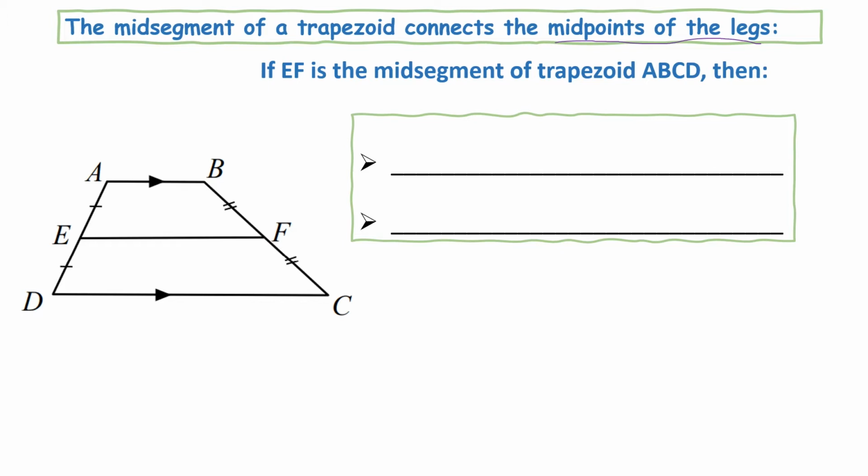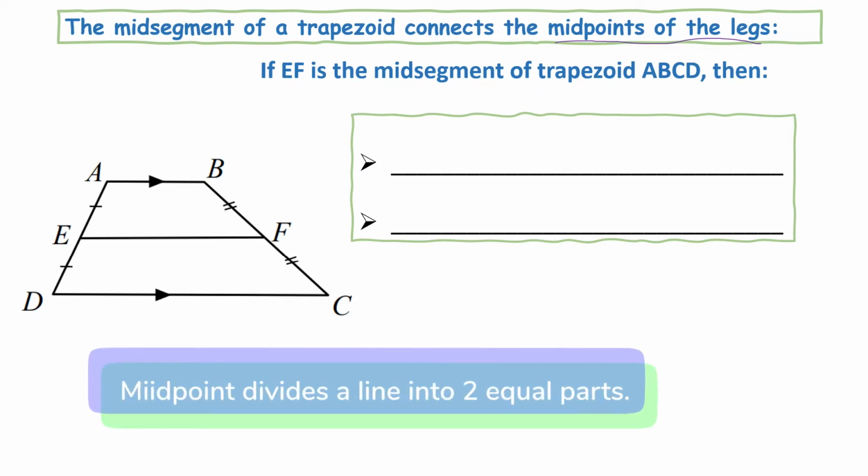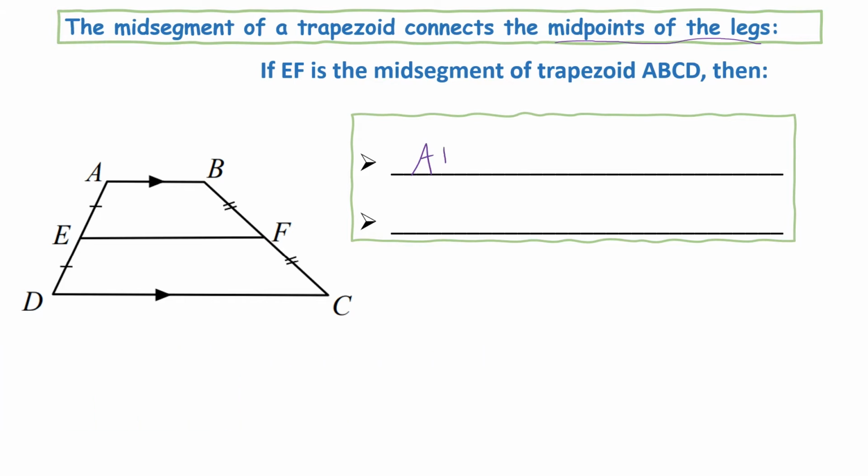So if we're looking at this trapezoid, if EF is the mid-segment of the trapezoid ABCD, then AB is parallel to CD, which is also parallel to EF. And EF is equal to the length of AB plus the length of CD, divided by 2.